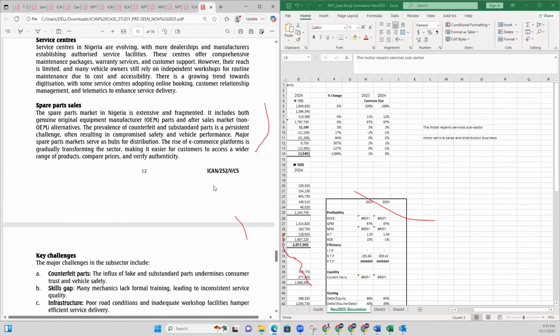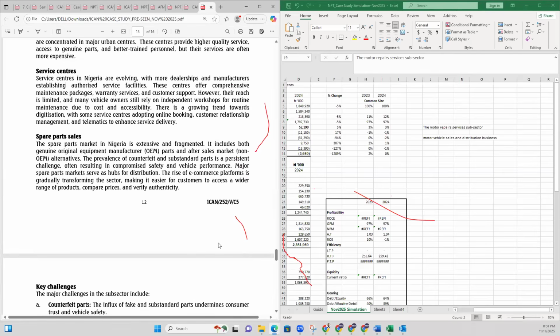Spare parts sales. The spare parts market in Nigeria is extensive and fragmented. It includes both genuine original equipment manufacturer (OEM) parts and after-sales market non-OEM alternatives. The prevalence of counterfeit and substandard parts is a persistent challenge, often resulting in compromised safety and vehicle performance.